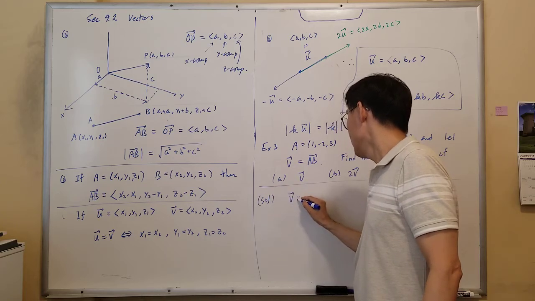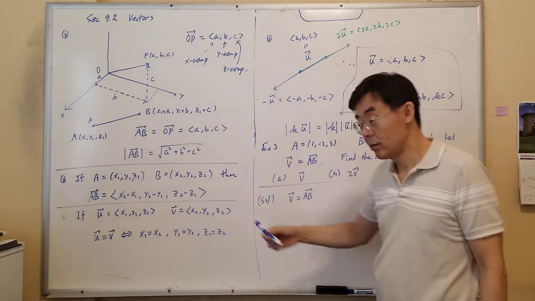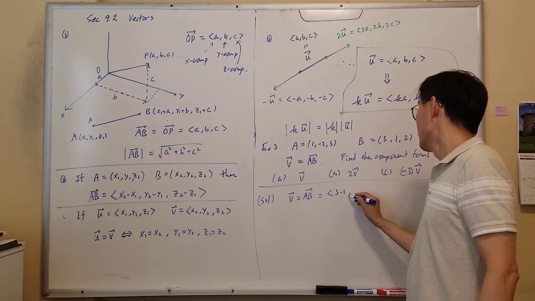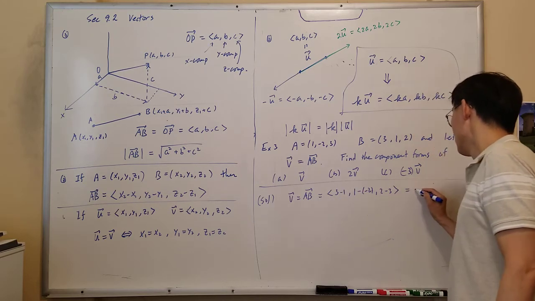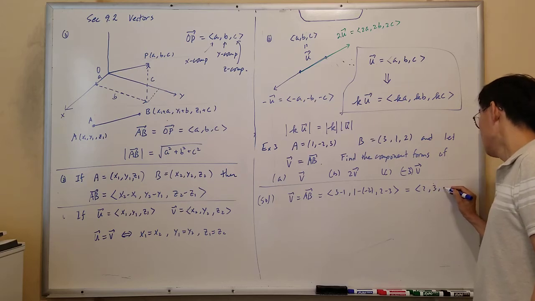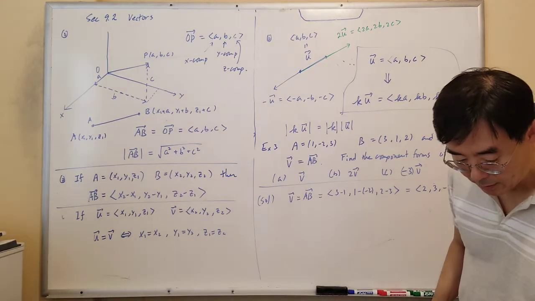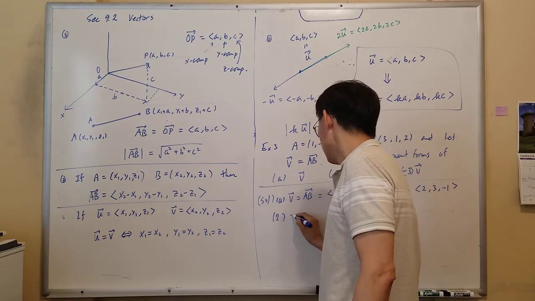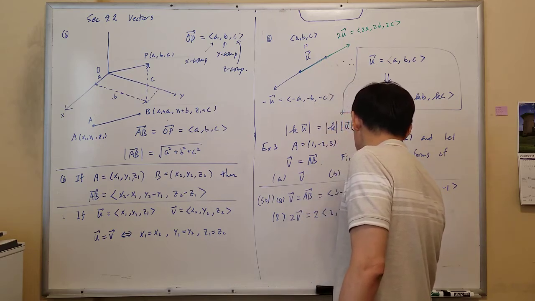Well, vector b is from A to B, we learned this. This minus this. So 3 minus 1, 1 minus negative 2, 2 minus 3, which means (2, 3, -1). Okay? Well, what about 2b? 2 times this.